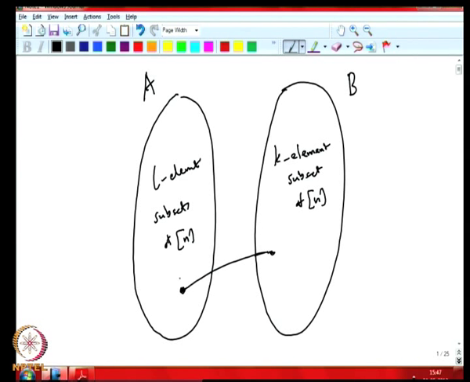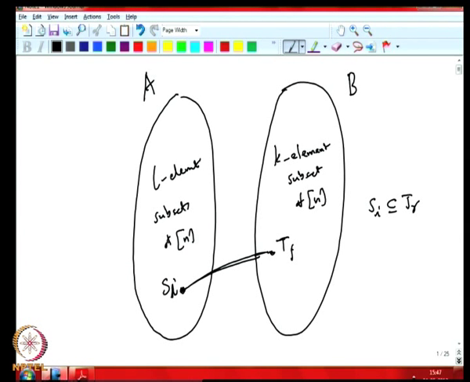And now between two vertices we put an edge. If this L element subset, say Si, and this is some Tj, if Si is a subset of Tj, then I will put an edge between them. So, I will get a lot of edges here.